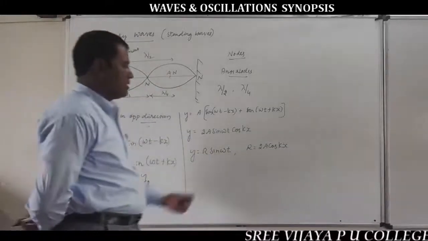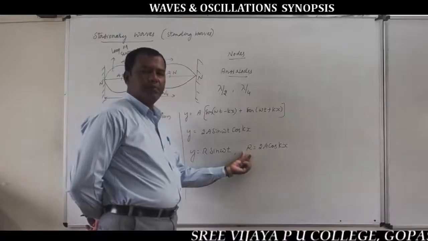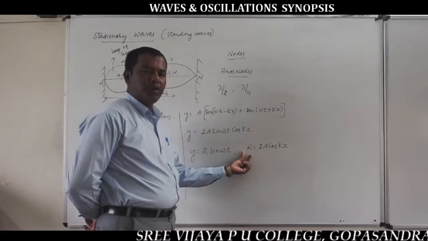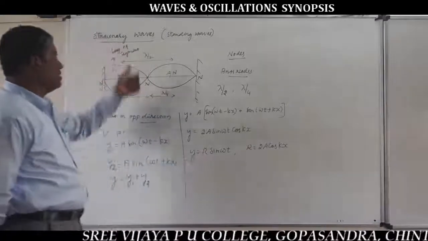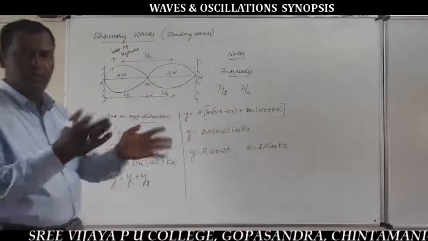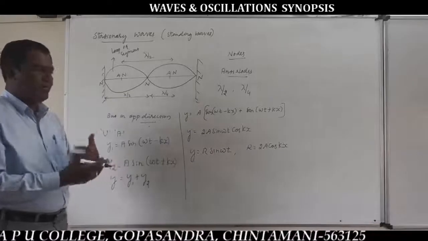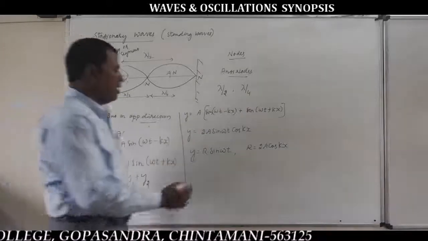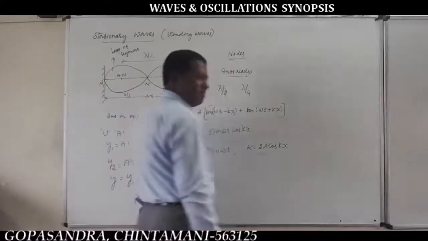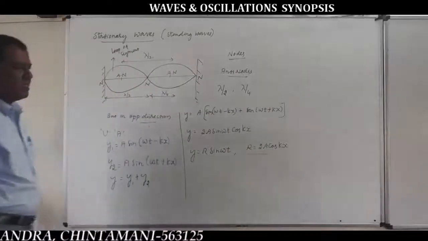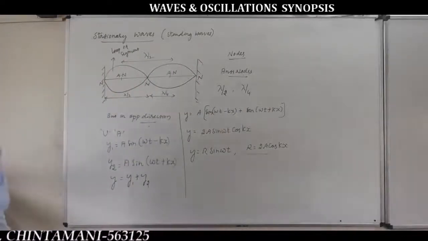Here R represents the amplitude of the resultant wave, that is the stationary wave, which is generated due to superposition of these two identical waves traveling with the same speed but in opposite direction.